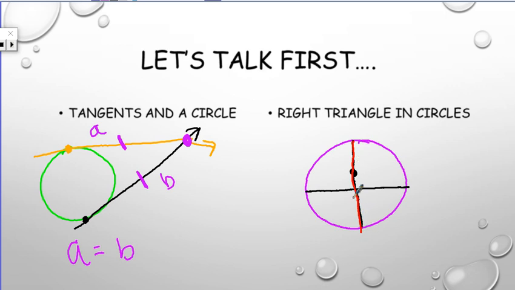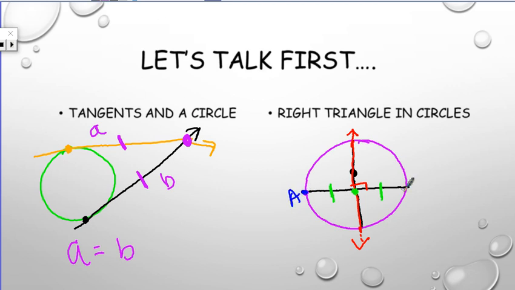This line here that goes through the center of the circle and intersects with this black chord is a perpendicular bisector. You can keep it going if you would like. When it does that, that means we have a right angle right here. By definition, a perpendicular bisector is a line that crosses a segment at a 90-degree angle, and it also splits this segment in half. If you want to be more detailed, you can label these sides.